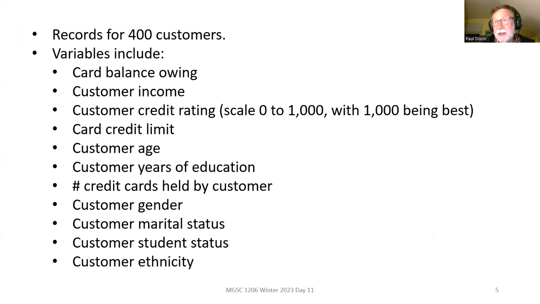We've got the balance owing. That's what we call our target variable, what we want to predict. And we've got a number of predictor variables or explanatory variables. Things like their income, credit rating, credit limit, age, education, number of credit cards, gender, marital status, student status, and ethnicity.